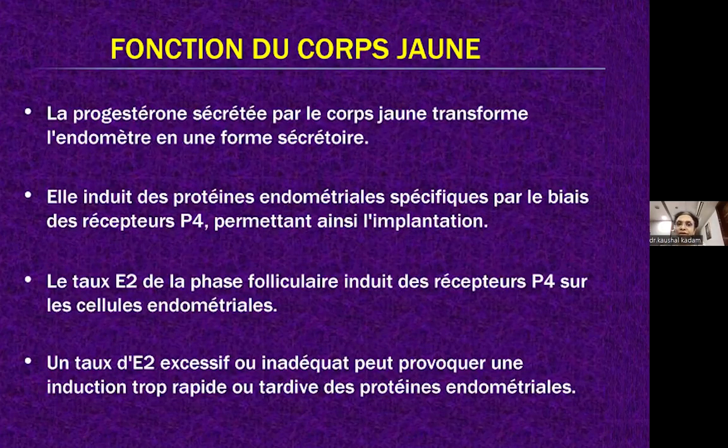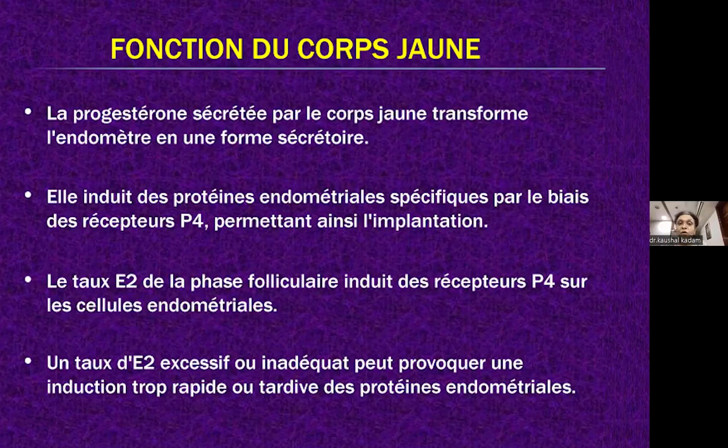Progesterone that is secreted by the corpus luteum transforms the endometrium into a secretory form. It induces the endometrial proteins through the P4 receptors, which allows implantation. So the corpus luteum is important not only because it secretes progesterone, it also induces the receptors, and that is what helps in implantation. And the follicular phase E2, the estradiol, is the one that induces the progesterone receptors on the endometrial cells.